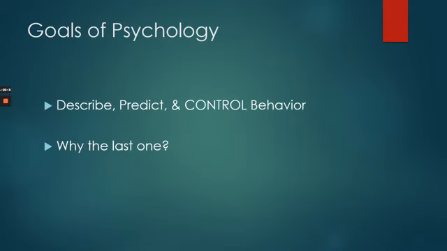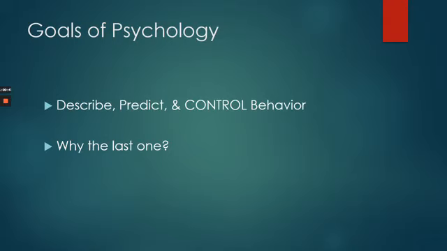Sometimes in textbooks, in the past, I think that's kind of disappeared, they used to say the goals of psychology were to describe, predict, and control behavior. I think that control of behavior has dropped out, I hope. The reason why in some older textbooks you'll see control behavior is because of behaviorists.